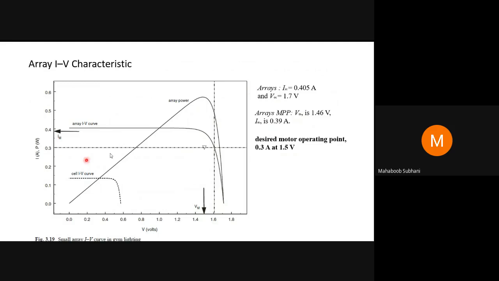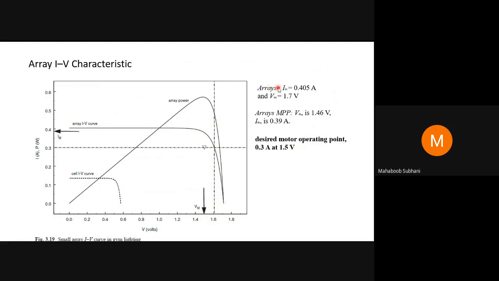Okay. Now for this 0.3 value, the required value is 1.6. Okay, but the array's value which we got is 1.7. Yes, the desired motor operating point at 0.3 ampere is 1.6, so above 1.6.